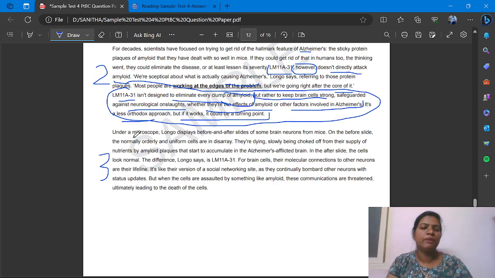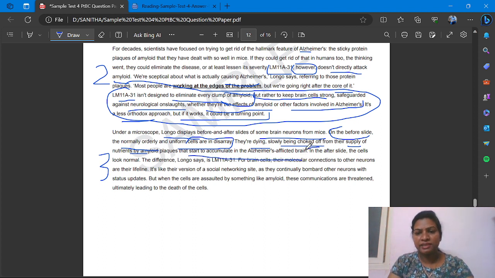Third paragraph. Under the microscope, Longo displays before and after slides of some brain neurons from mice. On the before slide, the normally orderly and uniform cells are in disarray. They are dying slowly, being choked off from their supply of nutrients by amyloid plaques that start to accumulate in Alzheimer's brains.